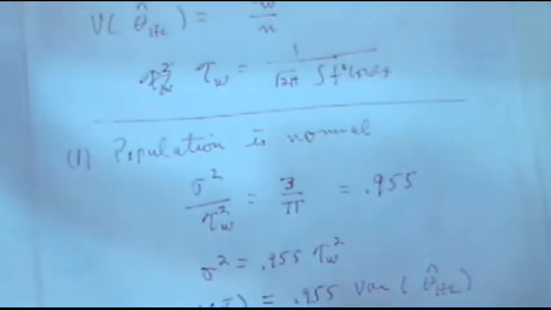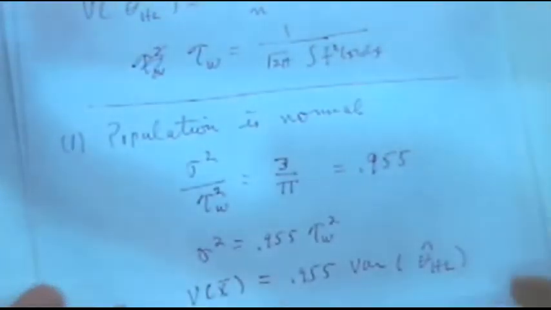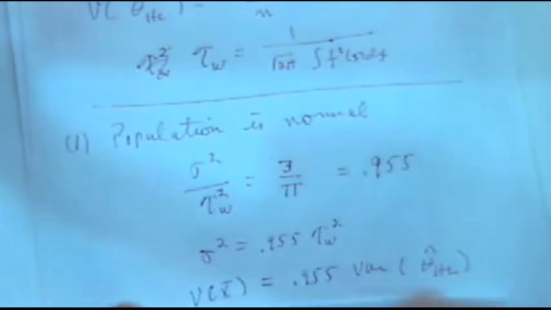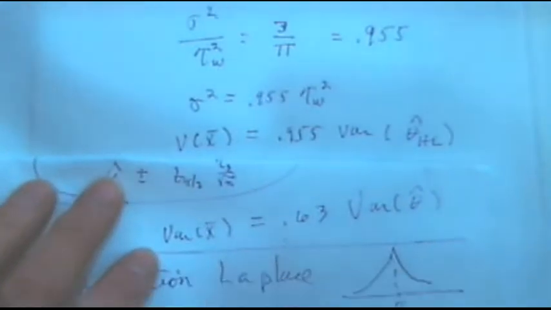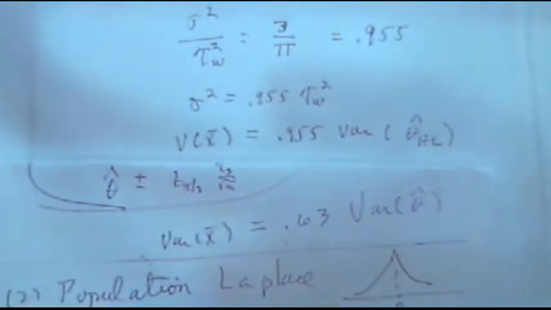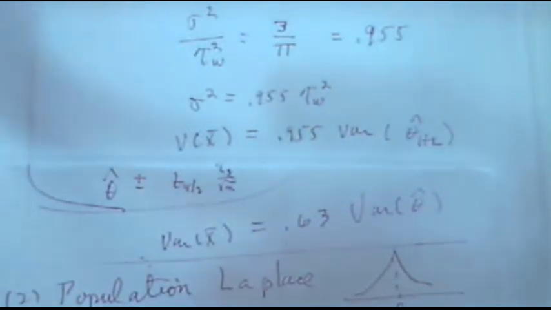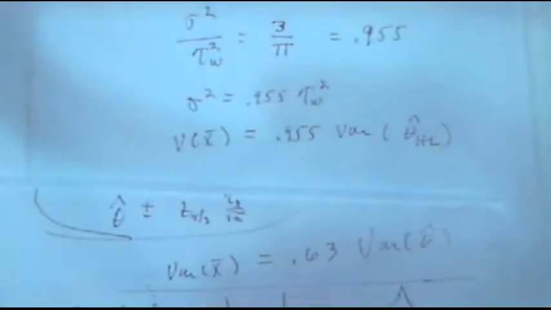Right? The median is this. It's 0.63, not 0.954. So you don't lose much if you use Hodges-Lehmann. So that's why we discussed it.